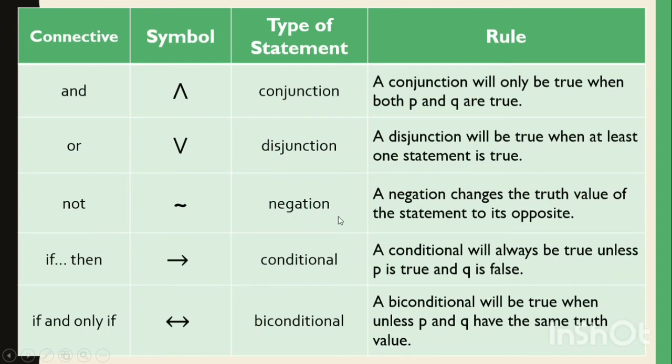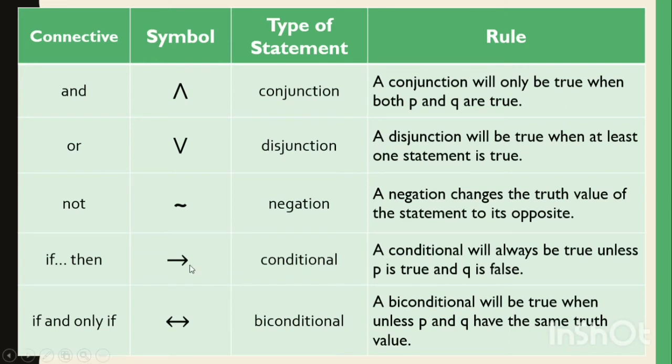Now, for the negation, a simple proposition that uses the word not, the negation changes the truth value of the statement to its opposite. So when the original statement is true, the negation becomes false, and vice versa.